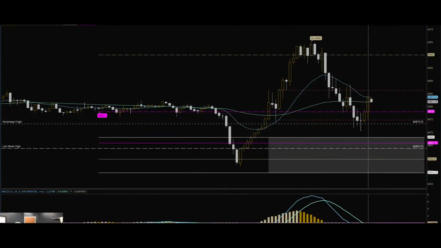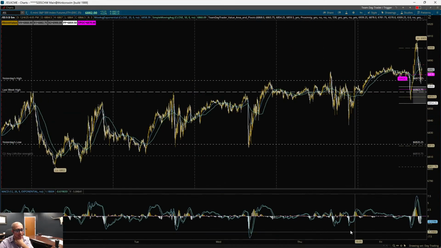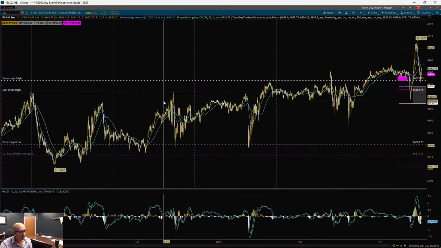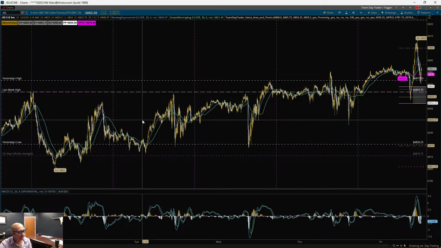This has just been a choppy week. Every time it has a good setup, it just kind of falls back in. But hopefully you guys have been honing in on the levels, and getting really good trade location.